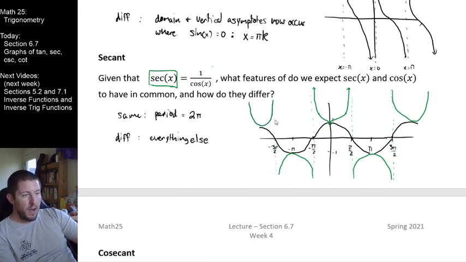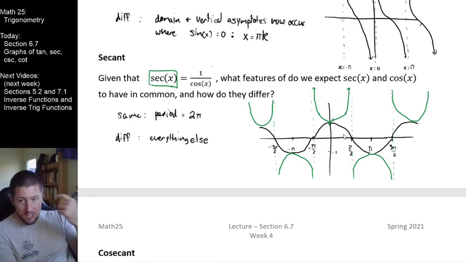The other good news for us is that since sine and cosine have so much in common, the graphs of secant and cosecant are essentially the same, in the way that the graphs of sine and cosine are essentially the same. They're just a horizontal shift relative to one another. So all the parts in green are the graph of secant. The graph that I drew in black is just cosine that I drew as my guide function, right?